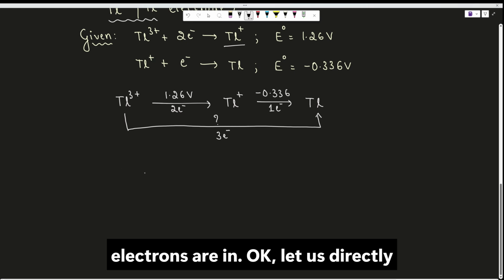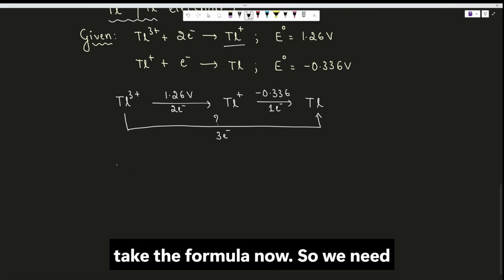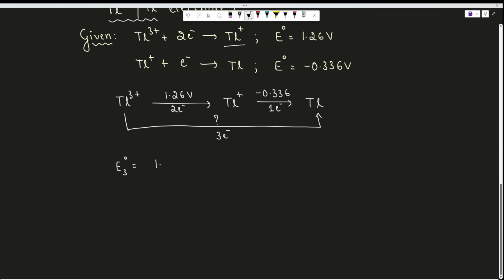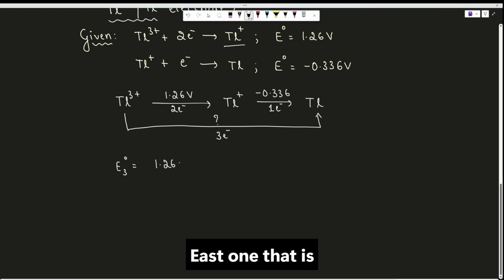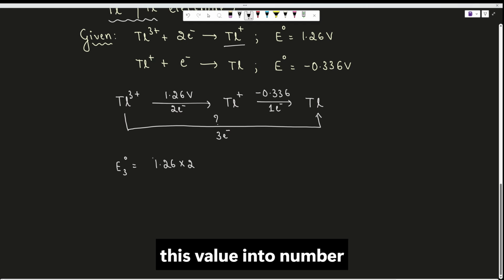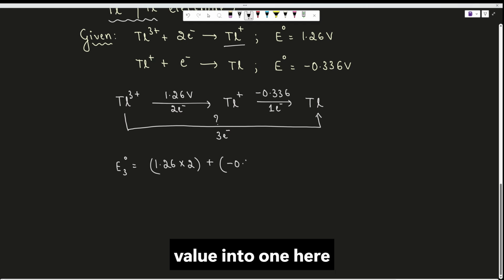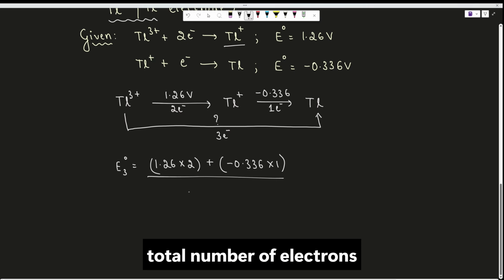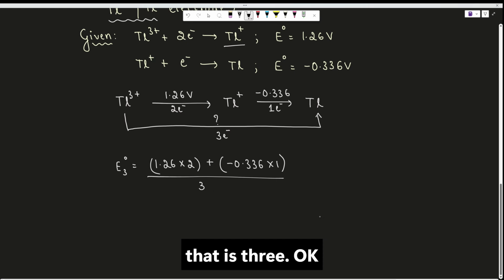Let us directly take the formula now. We need to calculate E3 naught. For that, E1, that is this value, into the number of electrons, plus this value into 1 here, and the whole divided by the total number of electrons, that is 3.